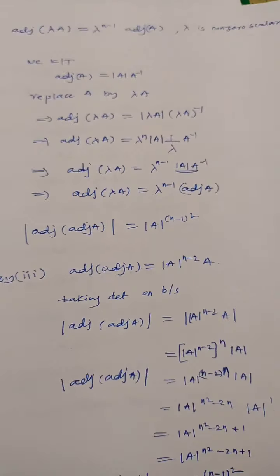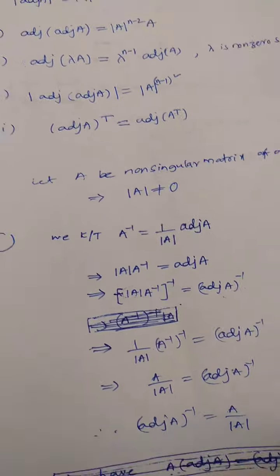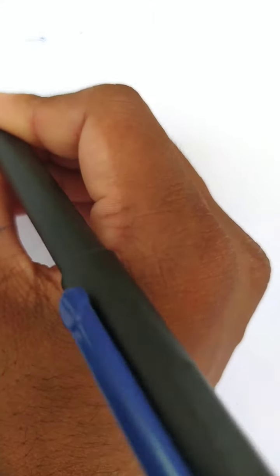Now the proof of the sixth one. What is the sixth one? We have to prove adjoint A whole transpose is equal to adjoint of A transpose.